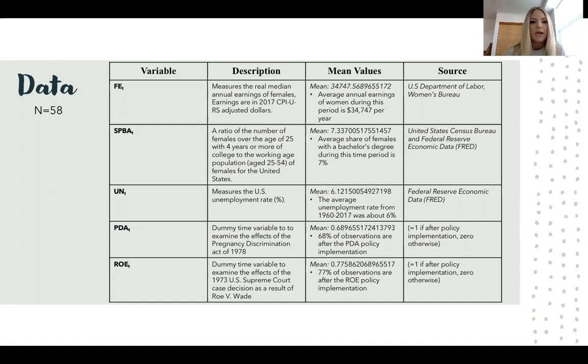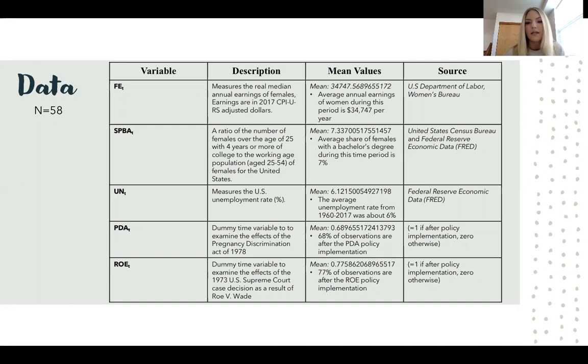We have SPBA, which is a ratio of the number of females over the age of 25 with 4 years or more of college to the working age population, which is ages 25 to 54 of females for the United States. The mean for this one is 7.337, which means the average share of females with a bachelor's degree during this time period is 7%.